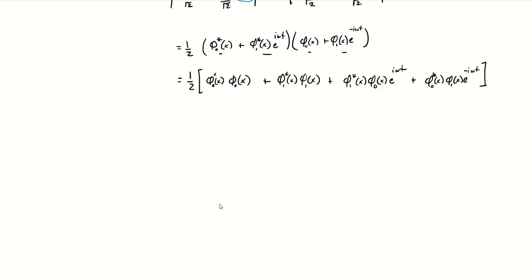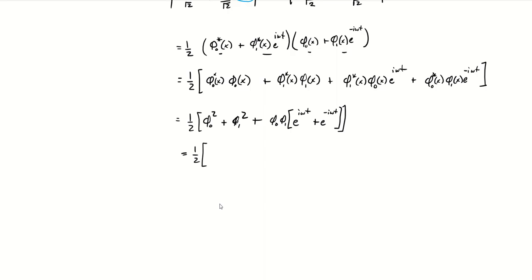Now, because we know the eigenfunctions of our harmonic oscillator are real, this can just be written out as φ0 squared. I'm going to get rid of explicitly writing that they're a function of position; hopefully we can remember that. Plus φ1 squared, plus, since these are real, we can factor out φ0 φ1 times (e^{iωt} plus e^{-iωt}).